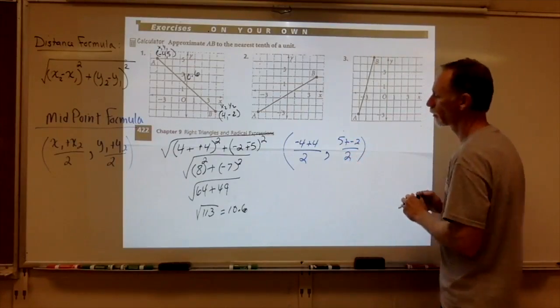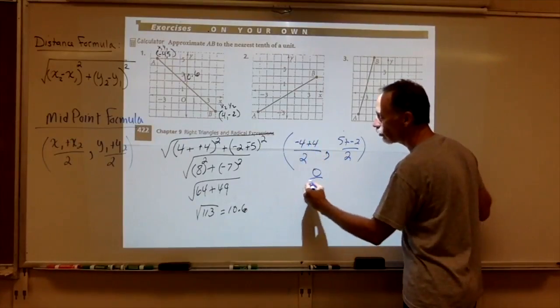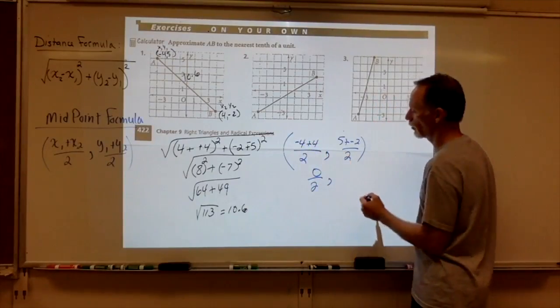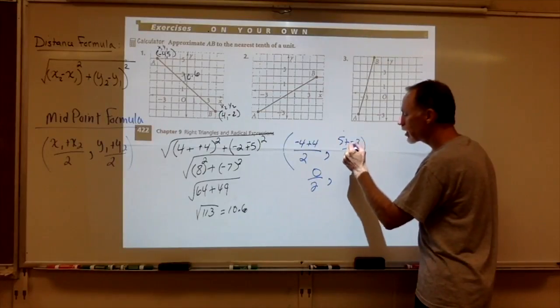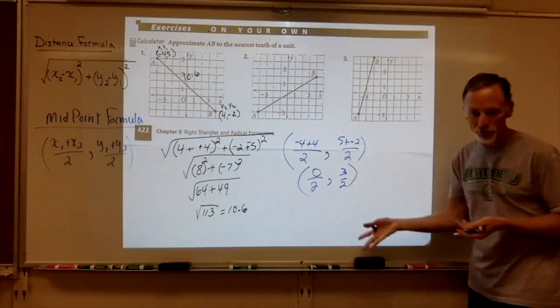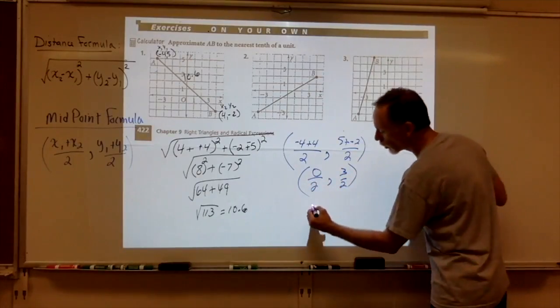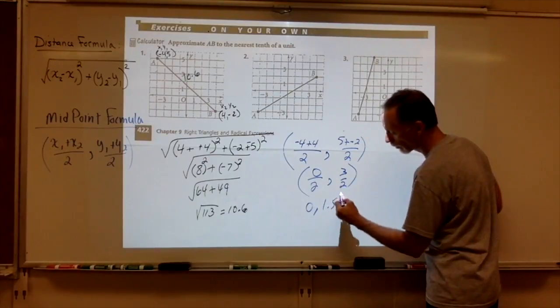divided by 2. Okay, so -4 plus 4 is 0 divided by 2, comma, 5 plus -2 is 3 over 2. Okay, if I simplify this, 0 over 2 is 0. 3 over 2 is 1.5.